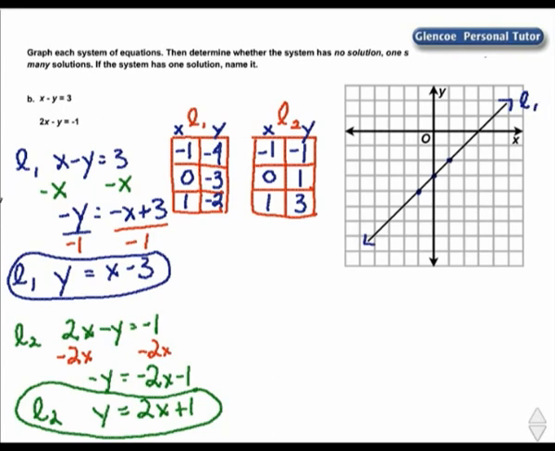Now for line 2, I have negative 1, negative 1, 0, 1, and 1, 3. So let's go ahead and graph that line. And make sure you get the arrows on that.